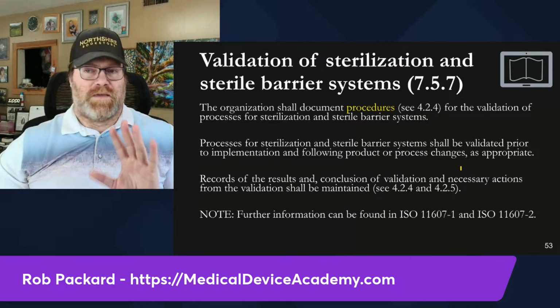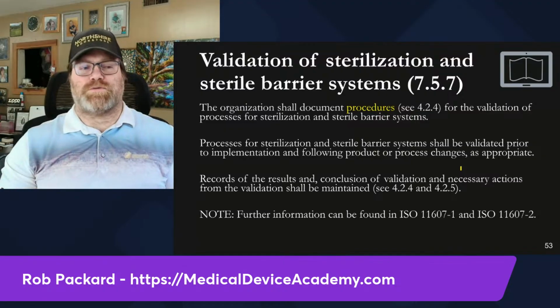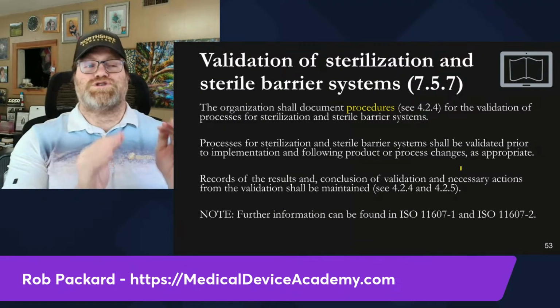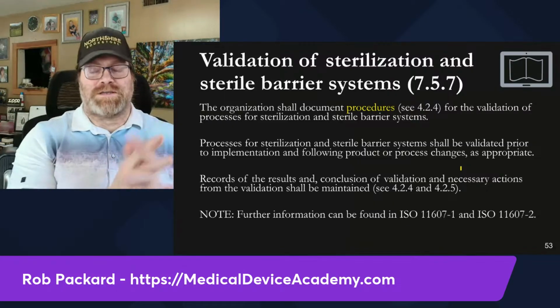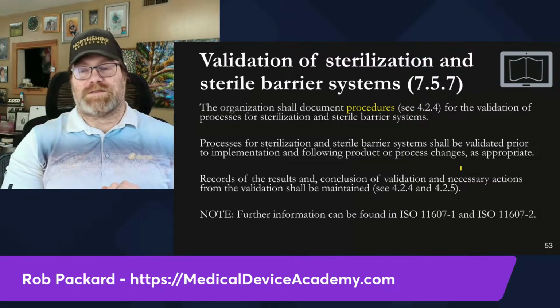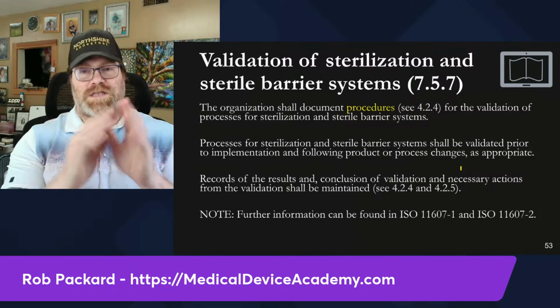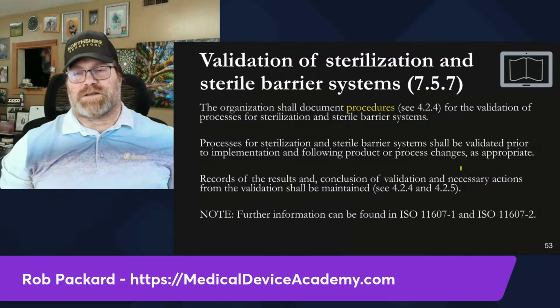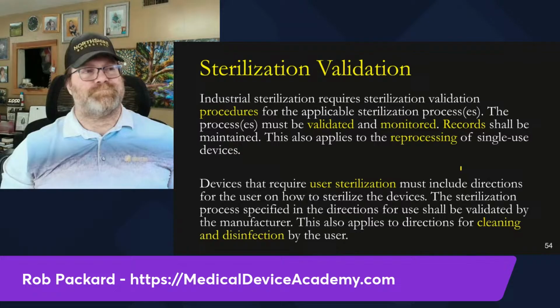So if your company says we're just a repackager or relabeler, yeah, you need design controls too. You just need it limited to packaging and labeling, but you're still doing design, so you can't exclude it. You're just limiting the scope of it to packaging requirements because you've got to comply with 11607.